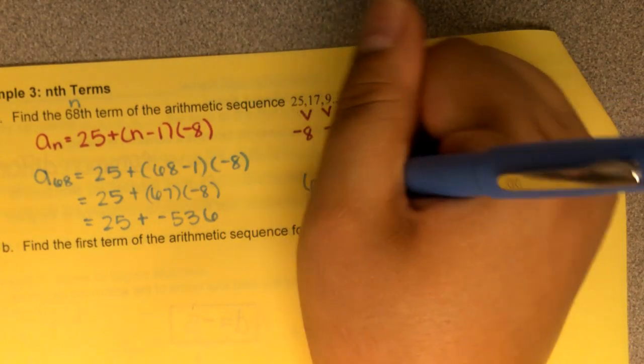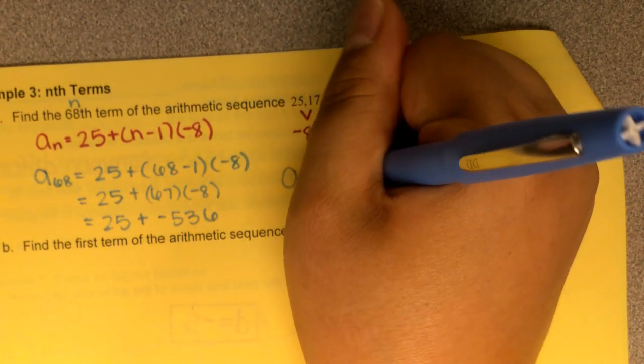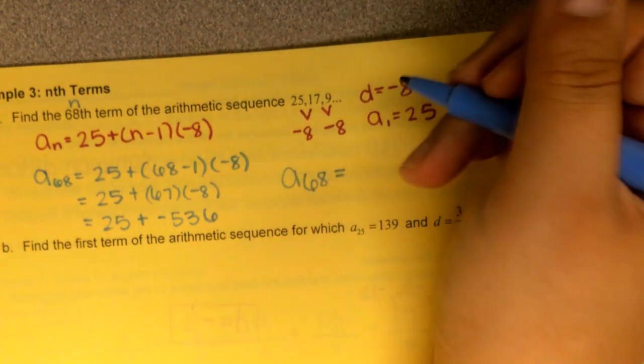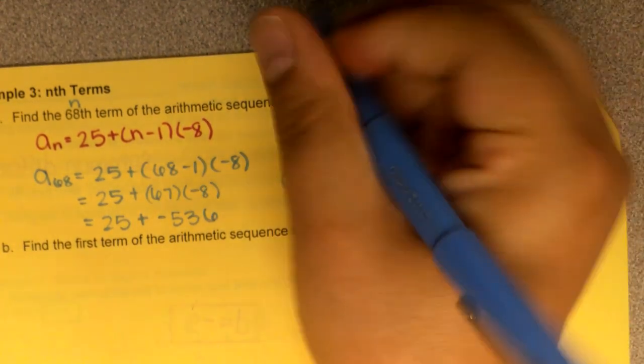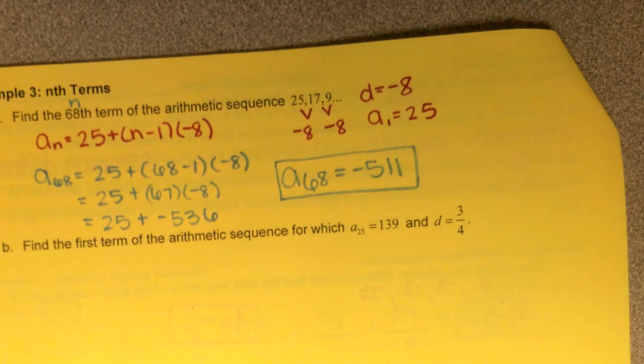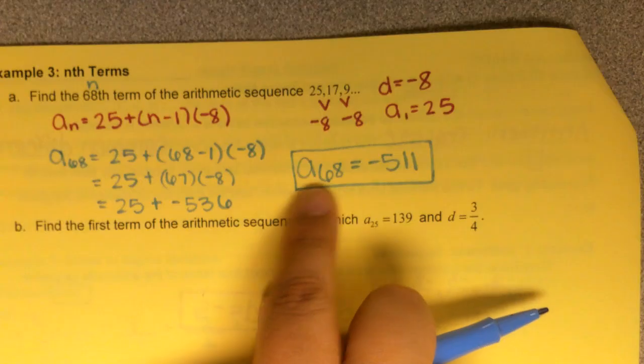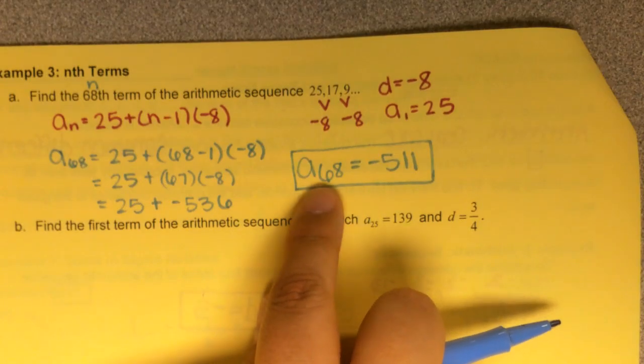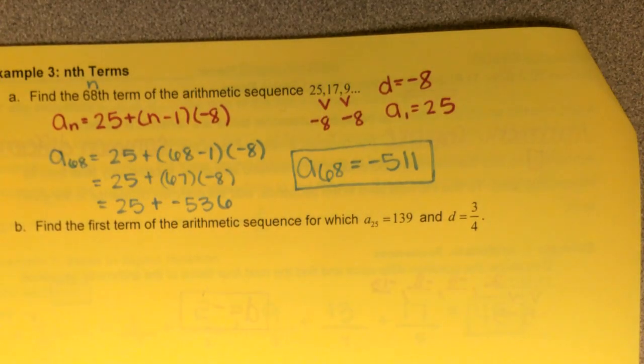So what is A of 68? Negative 511. Negative 511. And don't forget to label it with the correct notation. A lot of people got a point off because of that yesterday. Questions?